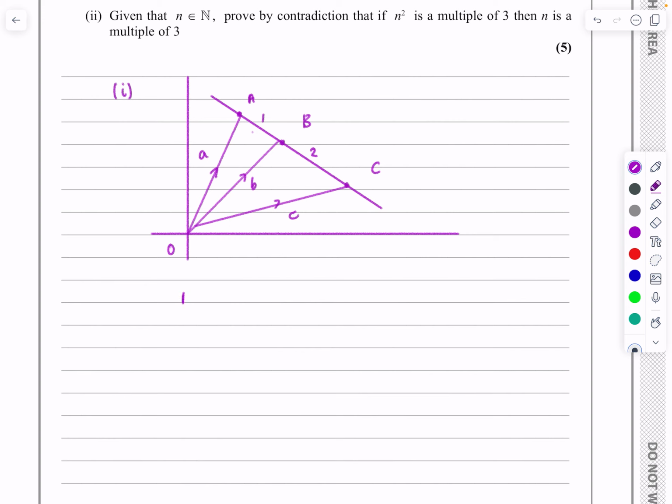So if I'm going to do AC, I would hope you would know it's C minus A, but let's just go slowly with it. AC is AO plus OC, so it's minus A plus C. It's C minus A, but as I say, I would have expected you to be able to do that already.